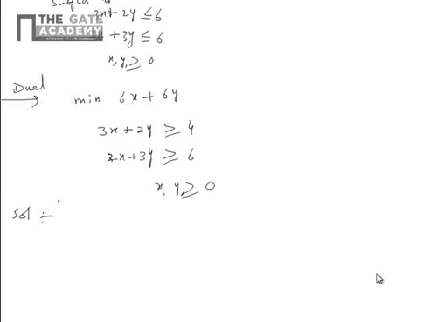Check the other constraints. It has to be a minimization problem, but in B he has given maximization, so the answer is A. Simple, 2 marks if you know the conversion of primal to dual. Next problem.